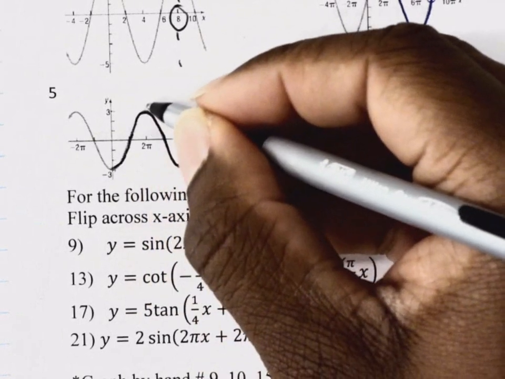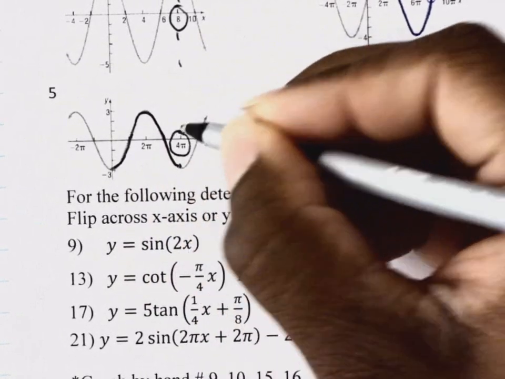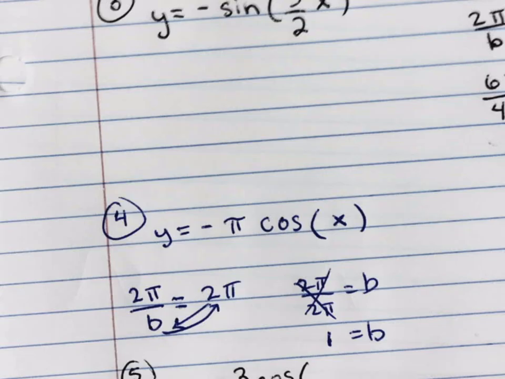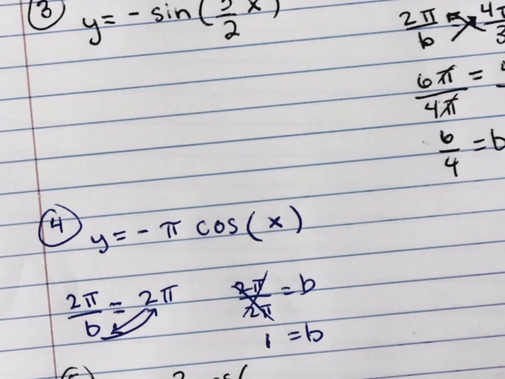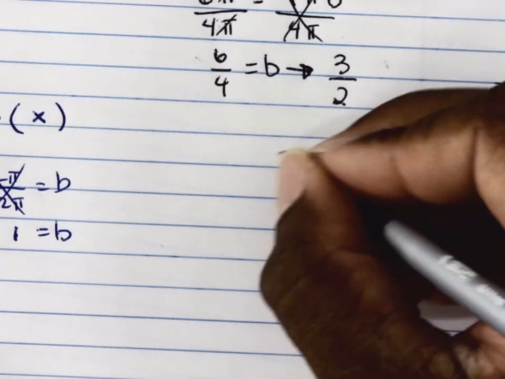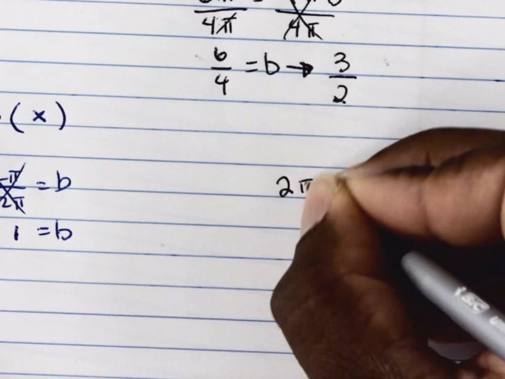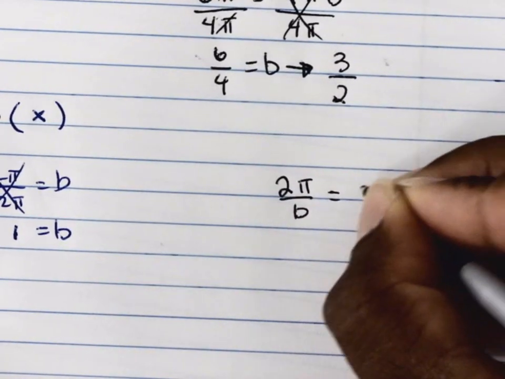So I followed the first cycle, and I see 4 pi is where it stops at. So I'm going to set 2 pi over b equal to that. 2 pi over b equals 4 pi, I believe it was.